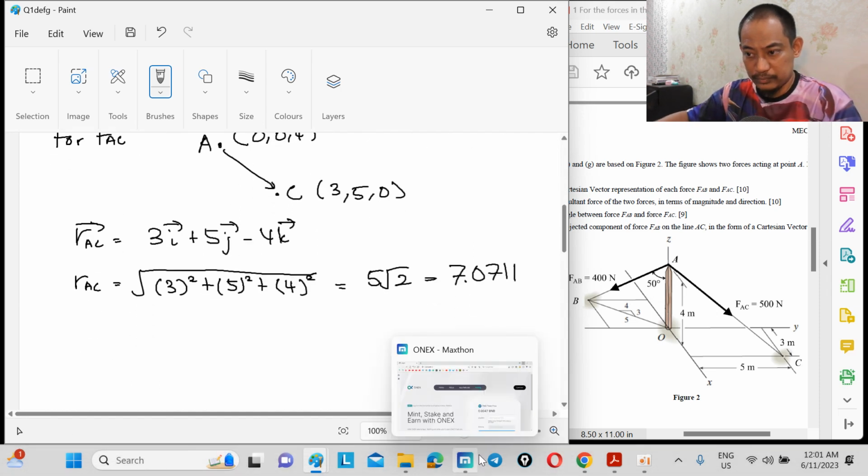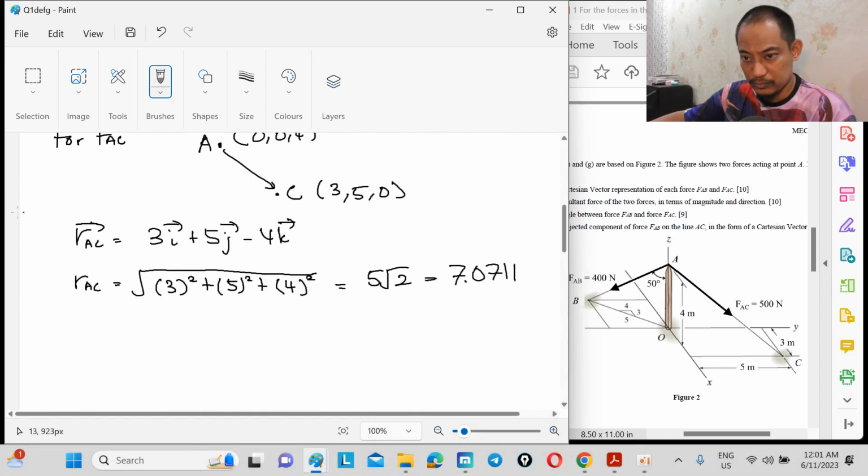So the unit vector UAC is basically RAC divided by the magnitude of RAC. So 3 divided by 7.0711 gives 0.4243i, all of this is positive.